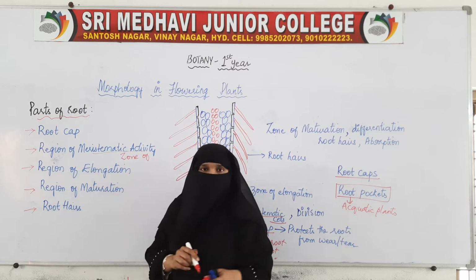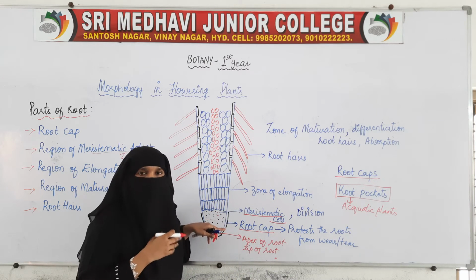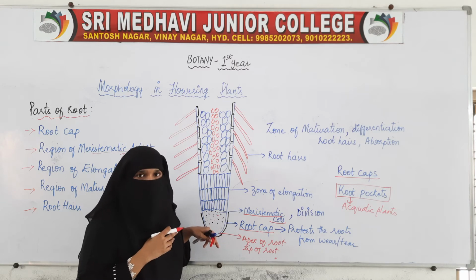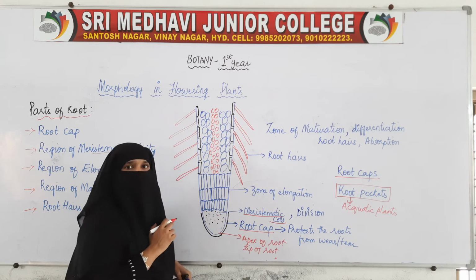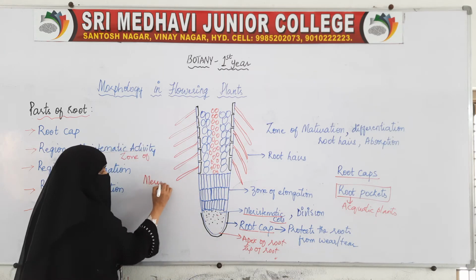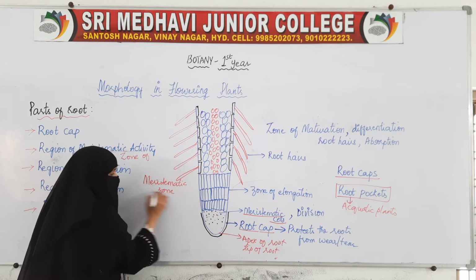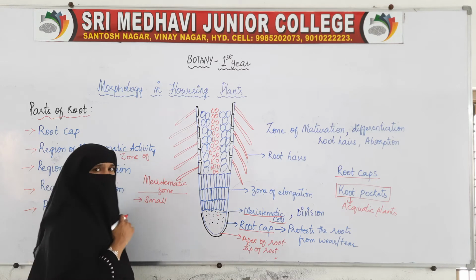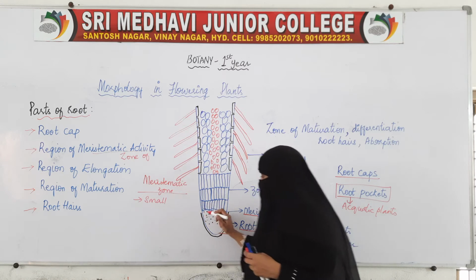Zone of meristematic cells. Inside this, the cells will rapidly divide and produce a new number of cells. The cells which are present in the meristematic zone are small.